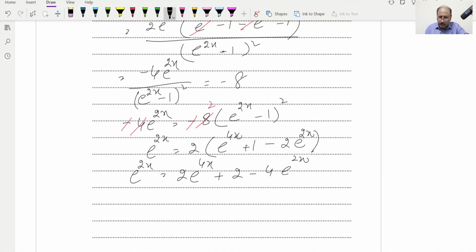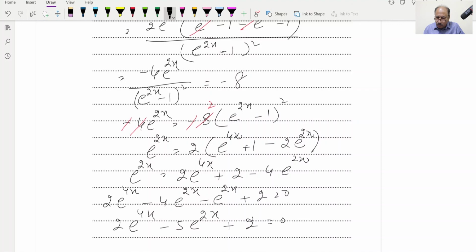And further we can shift this one to the other side, we will get 2 e raised to the power 4x, and then minus 4 e raised to the power 2x minus e raised to the power 2x, and plus 2 is equal to 0, and this will be 2 e raised to the power 4x minus 5 e raised to the power 2x plus 2 is equal to 0.